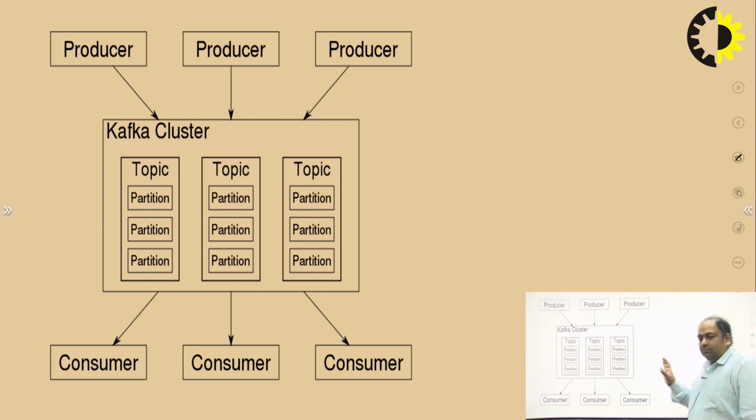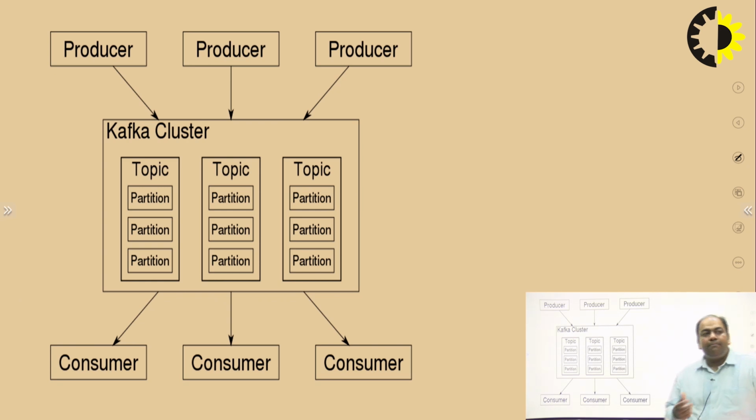This is the procedure. The producer will receive the data through the Kafka cluster and divide it into different topics. Like we take an example of Twitter. In Twitter, we see that there are different topics, and the messages or streaming are done only within those topics.